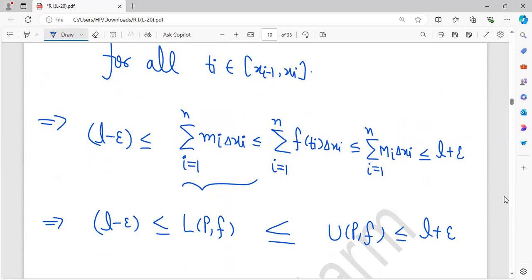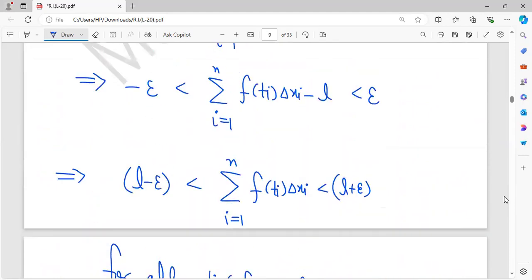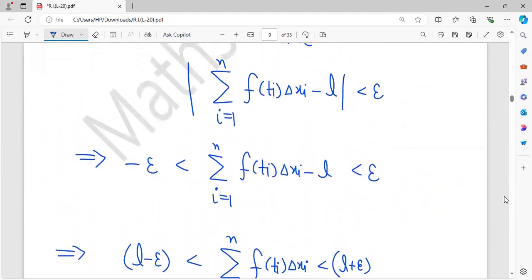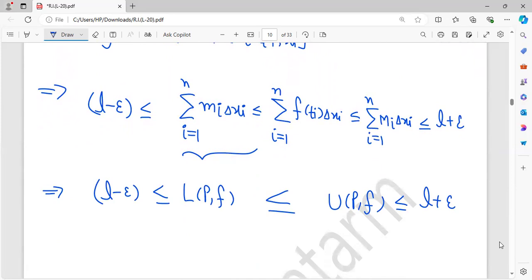So what we will do, in starting you take epsilon by 2 here. It will be epsilon by 2, epsilon by 2, less than epsilon by 2.